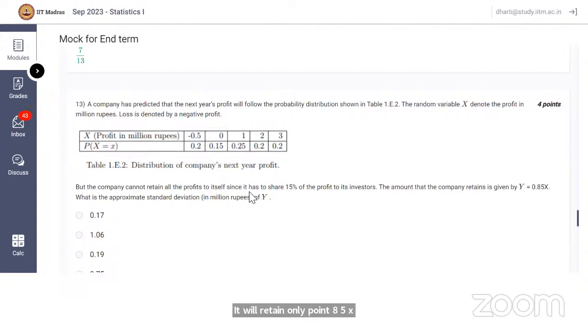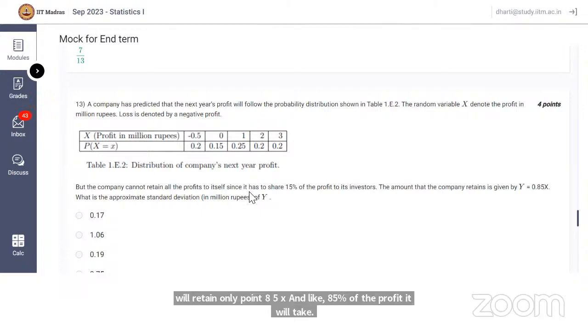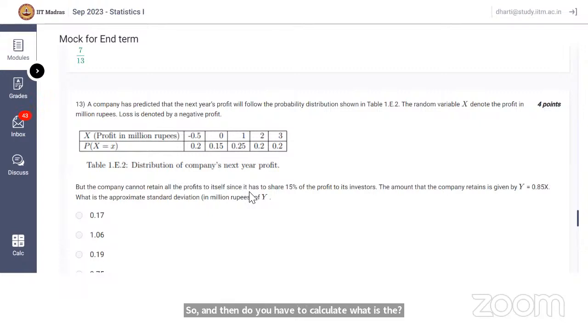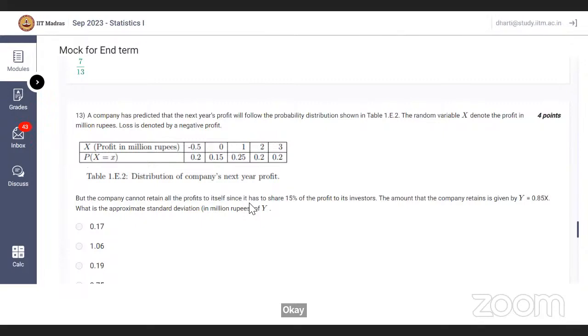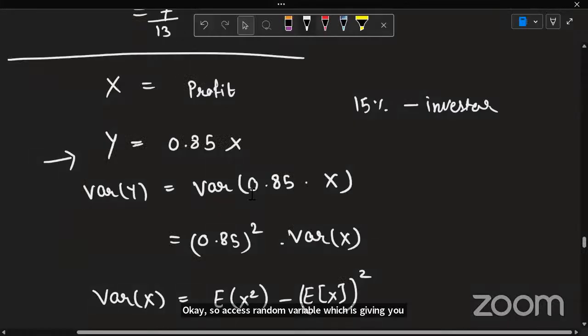Then you have to calculate the approximate standard deviation of y. x is the random variable giving you profit, and the actual profit the company retains is this part only. 15% they have to give to investors, so that's not our concern now.